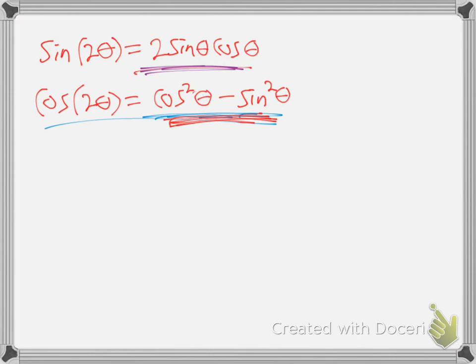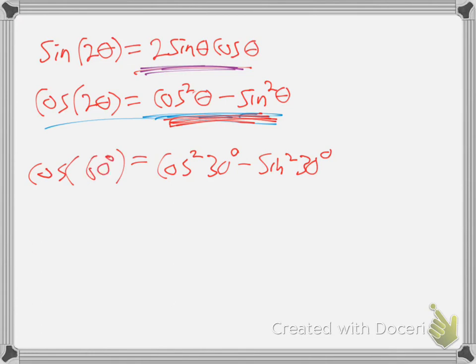That makes sense? So, for example, if I said cosine squared of 30 degrees minus sine squared of 30 degrees, that's going to be equal to one simple cosine of what angle? 60, because that's 2 times 30. That'd be one example of that truth.